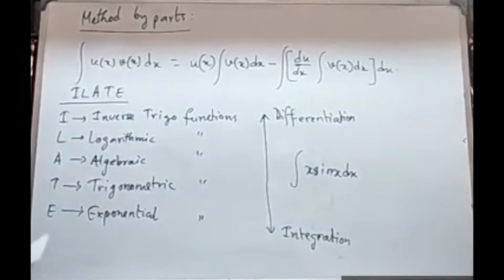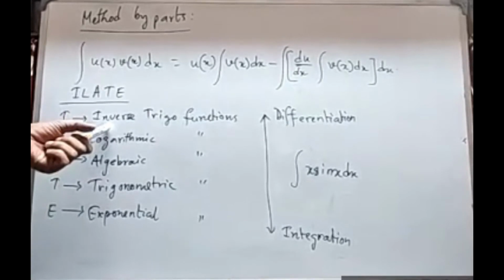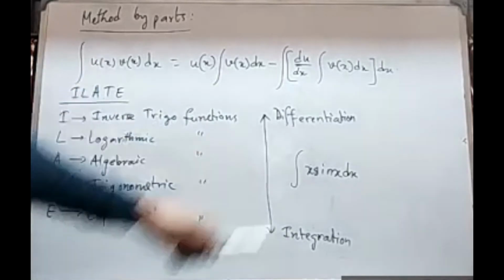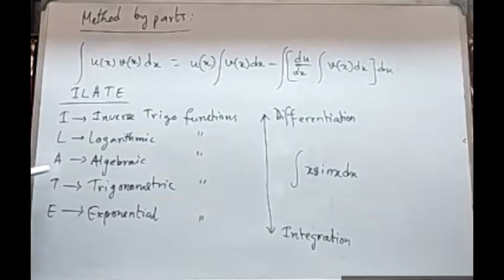So the more you are going upwards, you need to differentiate. The more you are going downwards, you need to integrate. So that is the reason in case of x sin x dx, we were integrating the trigonometric function and differentiating the algebraic function x. Okay, so this way we need to do the integrals.